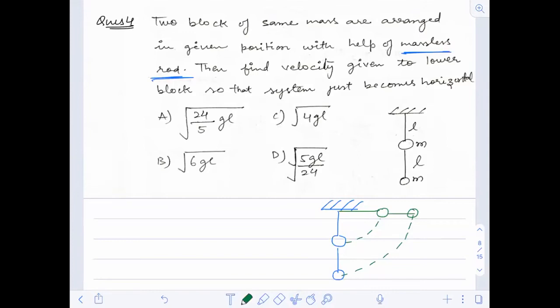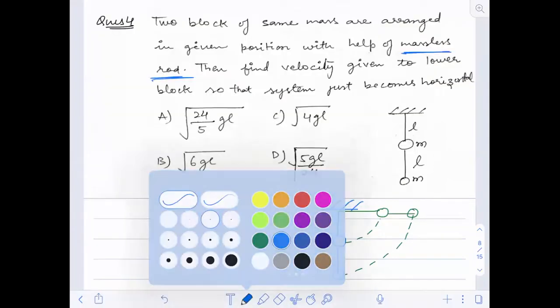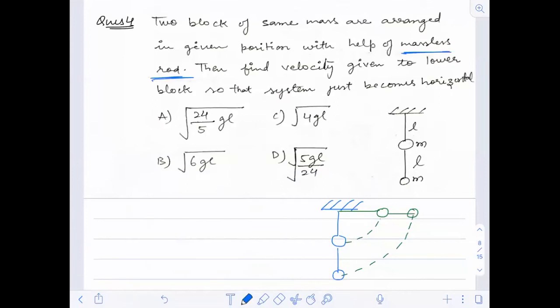Do it fast, all those who are doing. Okay, one more answer I got as C. Okay, let us see what the answer will be here.